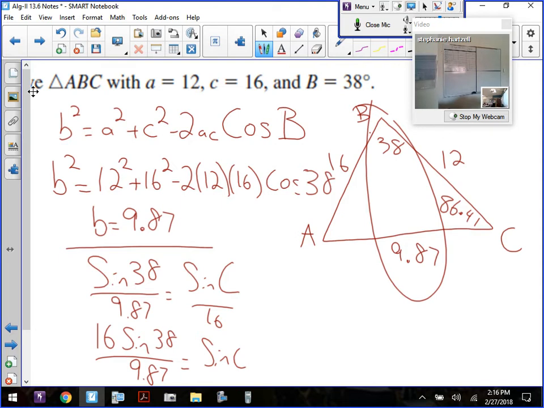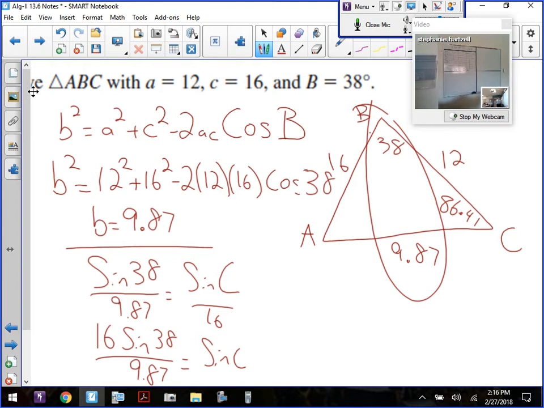Correct. But with law of sines stuff, if you've got the side side angle and you have to start with law of sines, then you have to check for ambiguous. Okay? Because you can't start a law of sines problem by using law of cosines. It won't work. All right? With that ambiguous style. Does that make sense? Because technically I can get a second triangle out of this one. It gets real nasty.